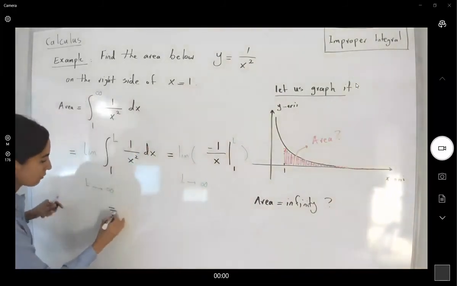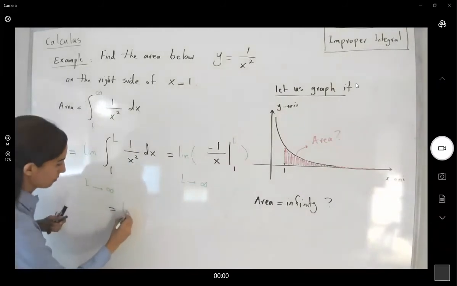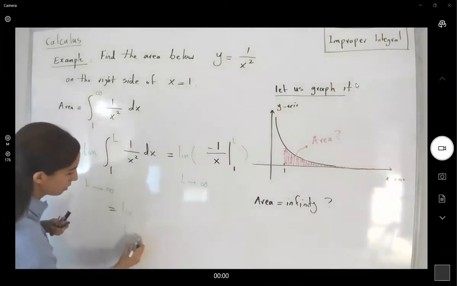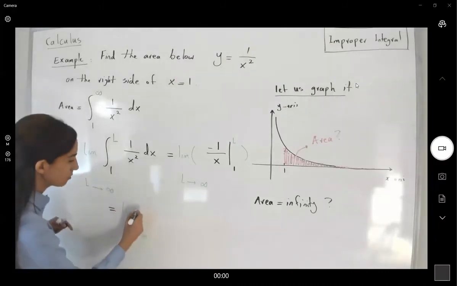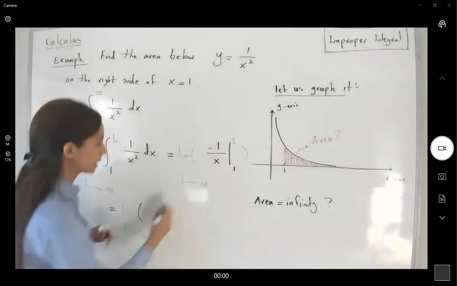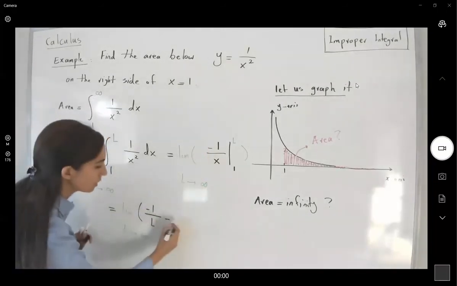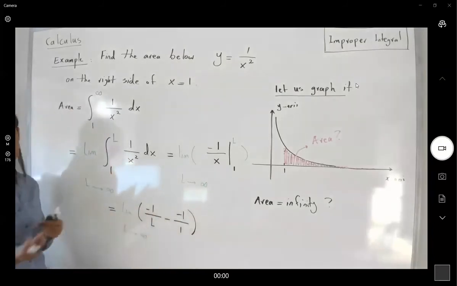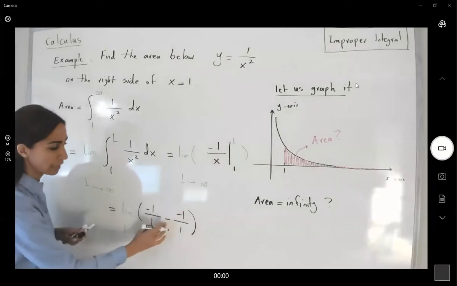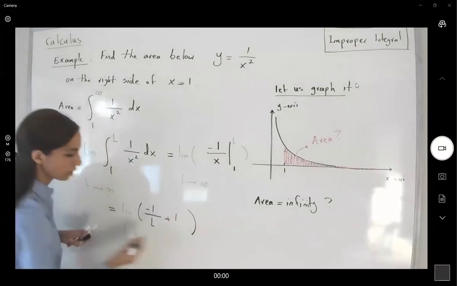Here you have the limit, while L goes to infinity, of -1 over L minus (-1 over 1). Well, negative and negative is positive, so it is 1 plus 1 over L.